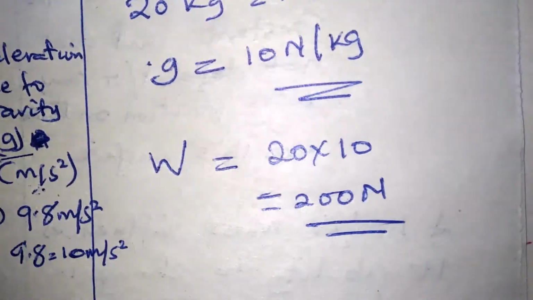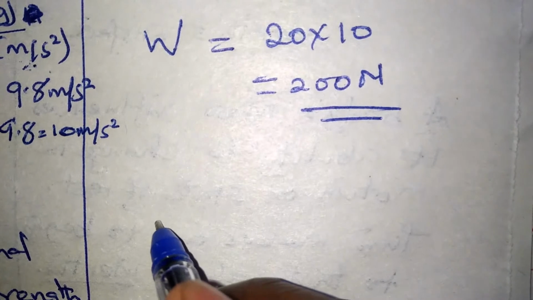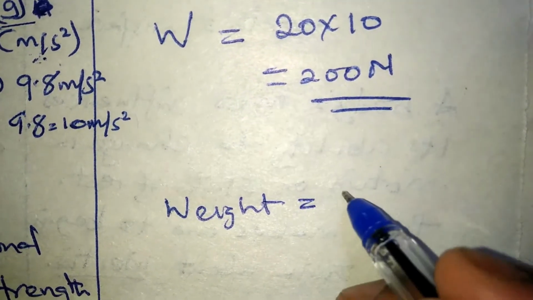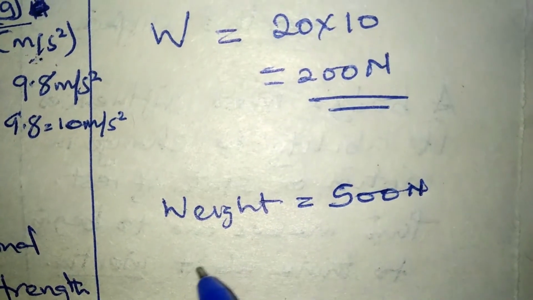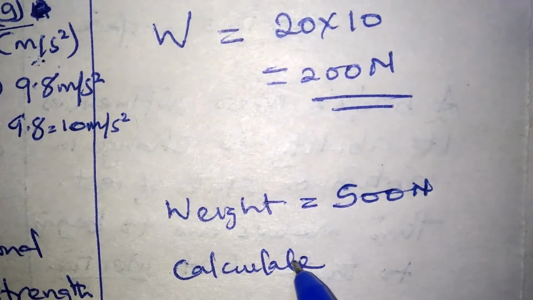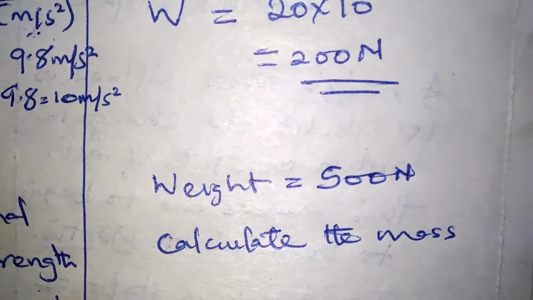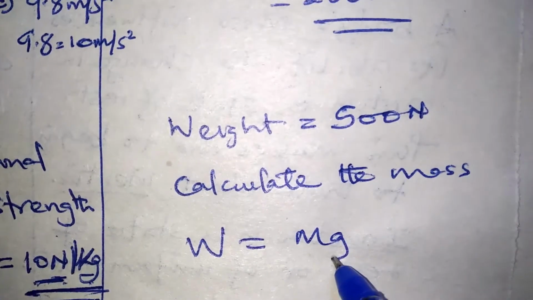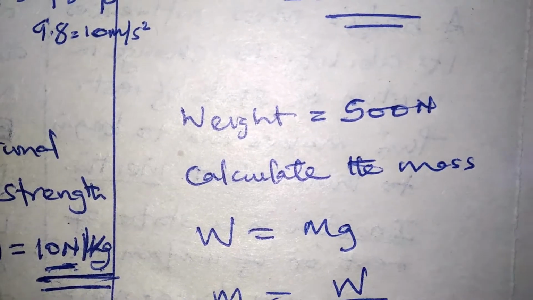Another example: if we are given that the weight of an object is 500 Newton and we are asked to calculate mass, then we say that W is equal to mg. That means m is equal to W over g.